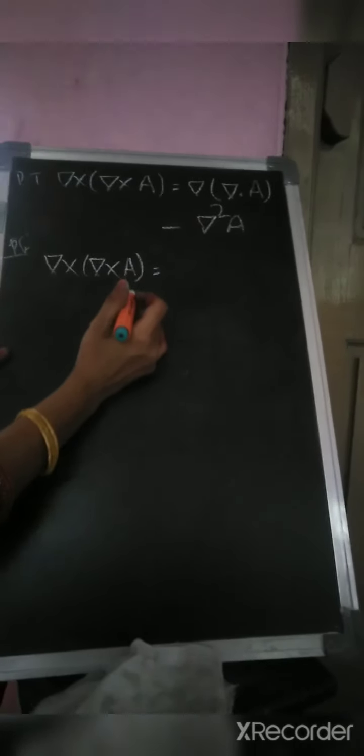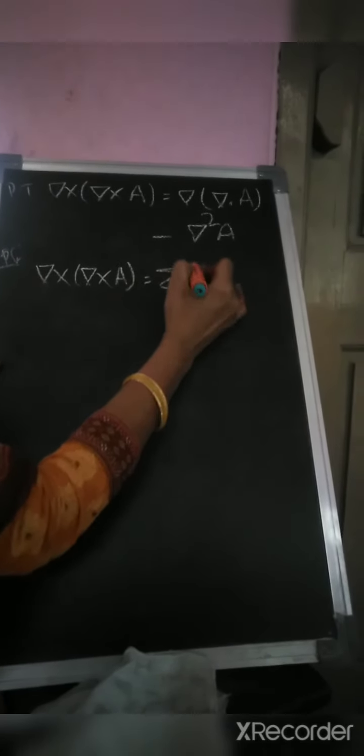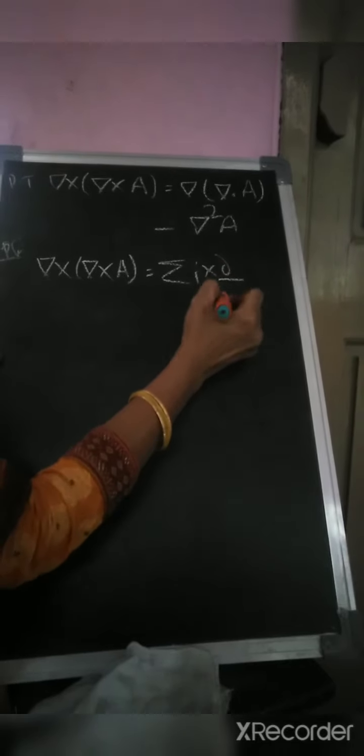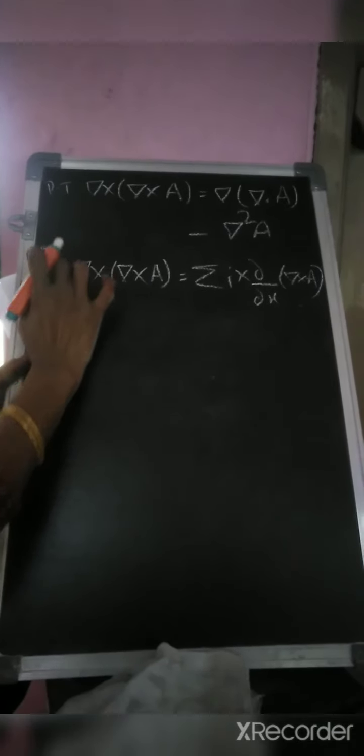So we can prove that curl, del cross A. Del cross A is equal to sigma i cross dou by dou x of del cross A. Here first we take only this del.